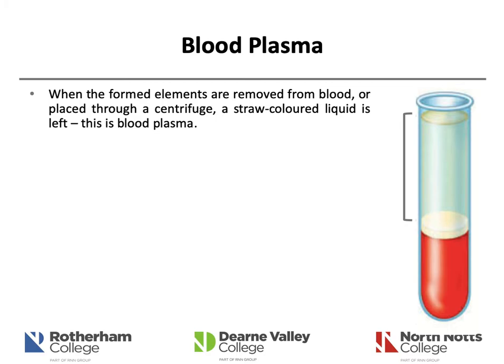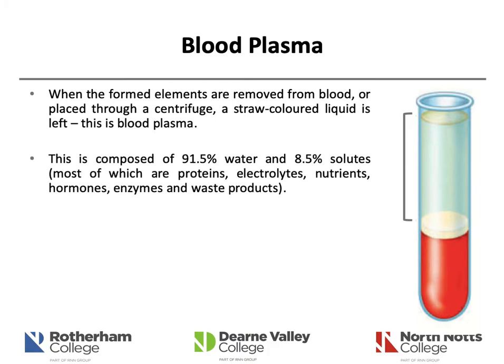In either case, what you'll be left with is a straw-coloured liquid, and that is blood plasma. Blood plasma is composed of just over 90% water, and the rest is solutes, molecules within this solution, most of which are proteins, electrolytes, nutrients, hormones, enzymes and waste products.